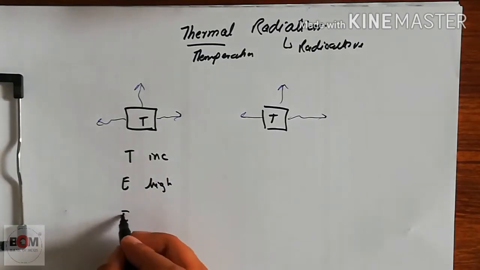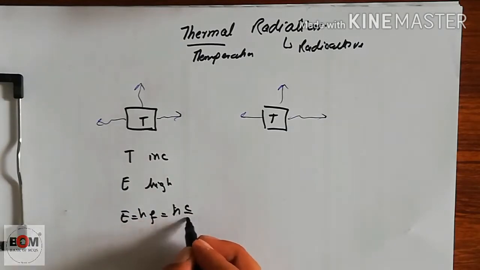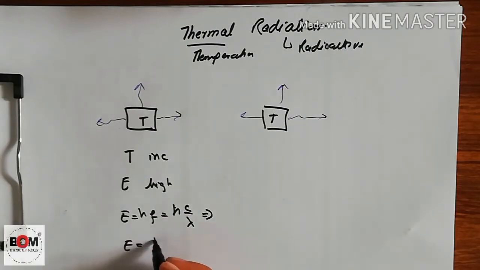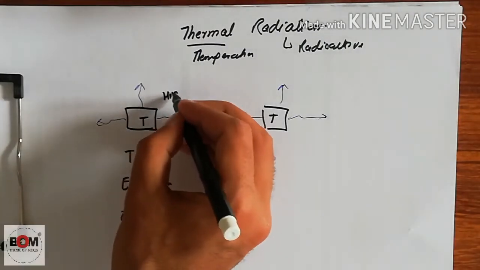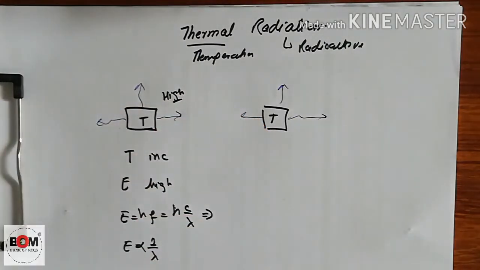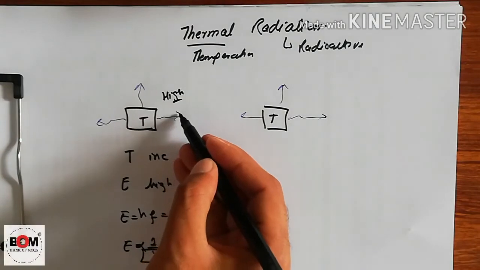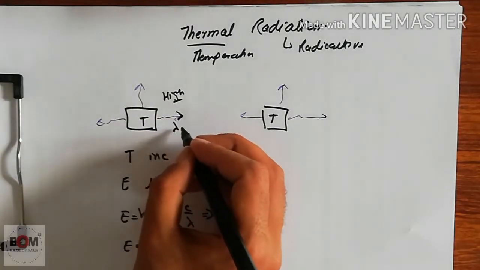So now we know that E is equal to hf, f is equal to c divided by lambda, so E is equal to hc divided by lambda. From this equation we see that E is inversely proportional to lambda. So if temperature is high, the waves radiated will be of low wavelength. As temperature is high, waves are high energy, so high energy means the wavelength is minimum or less.